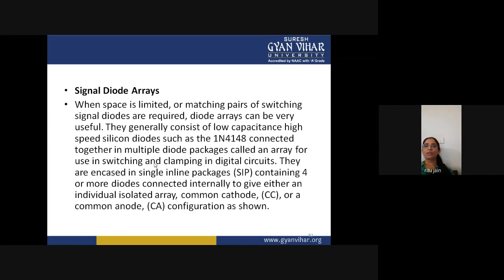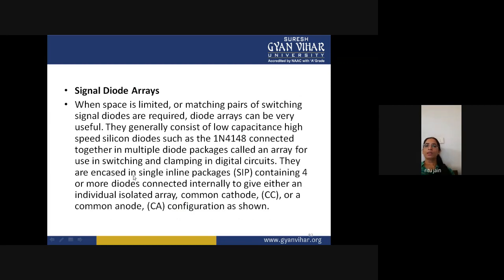They generally consist of low capacitance, high speed silicon diodes, such as the 1N4148, which is the number of a signal diode, connected together in multiple diode packages called an array for use in switching and clamping in digital circuits.